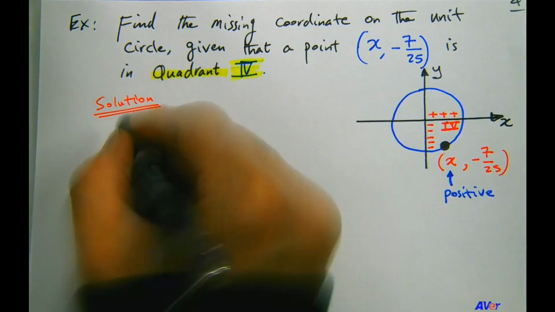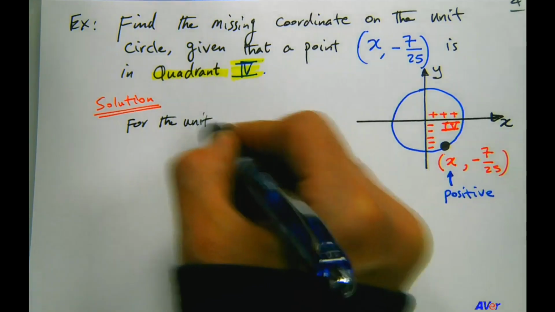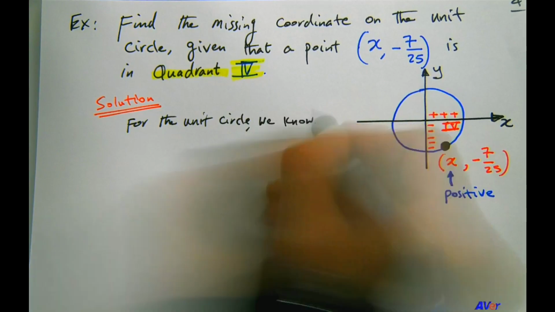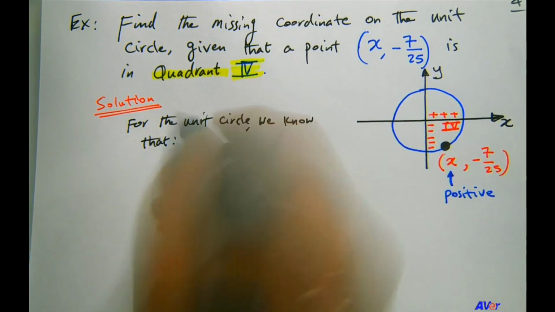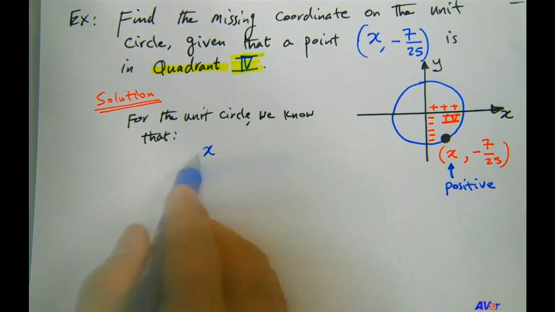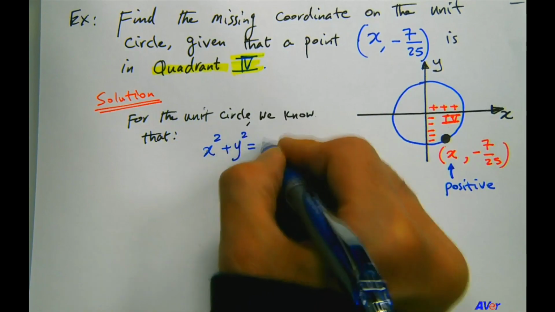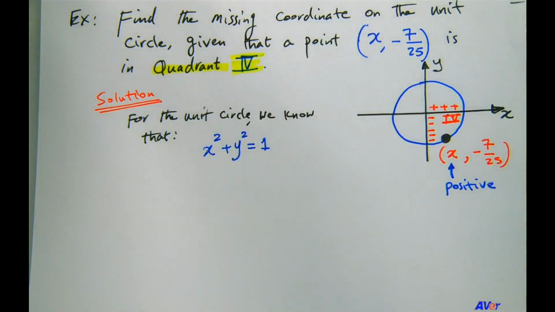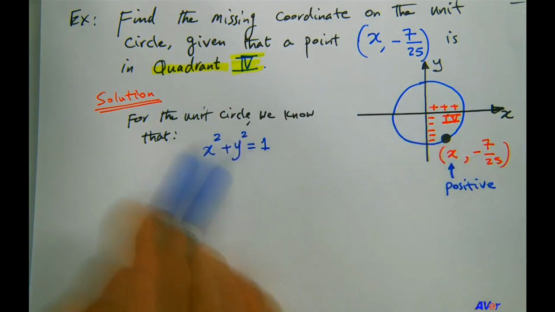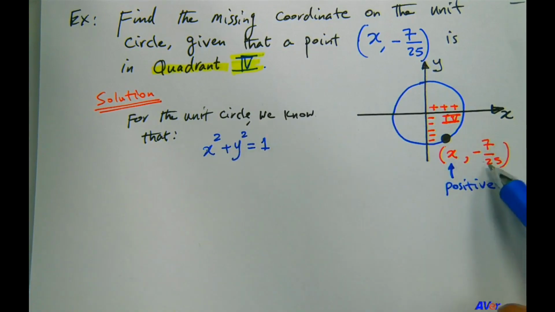Okay, so the solution of this then, for the unit circle, what do we know? We know that the equation of the unit circle in general is x squared plus y squared equals 1, right? Now, we're looking for x, and we are given a point on this circle with y component equaling negative 7 over 25.